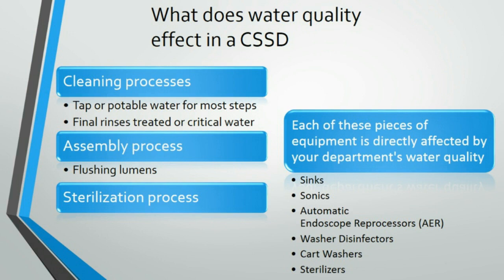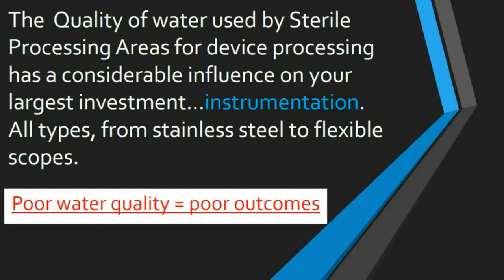So sinks, sonics, AERs especially, washer disinfectors, cart washers, and sterilizers are all pieces of equipment we have in departments, and they are directly affected by water quality. The quality of water used by sterile processing for device processing has considerable influence on that biggest investment, and that is instrumentation.